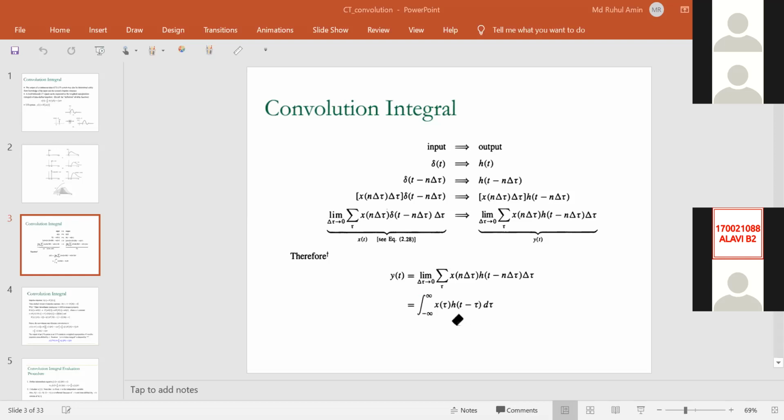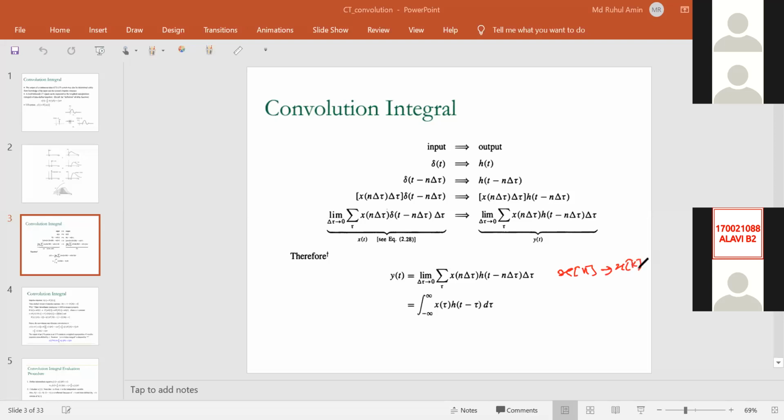Now, in order to evaluate that integral, this integral is to be evaluated in the same way that we perform the sum. Can you identify how to do that? In our discrete time cases, we were given, for example, xn, then we change the value of n to k, we determine xk.